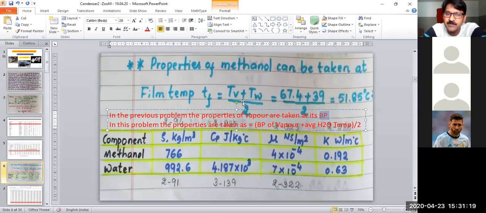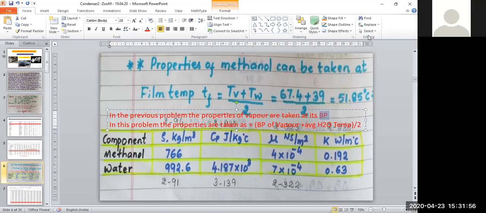But in this problem, I am using the boiling point of vapor plus average water divided by 2. So therefore, this one will be 51.85. So can you proceed with this? If you say no, sir, we want to take the properties of vapor only, then we'll take the property at 67.4 only. Which method do you want to do? This method, sir.